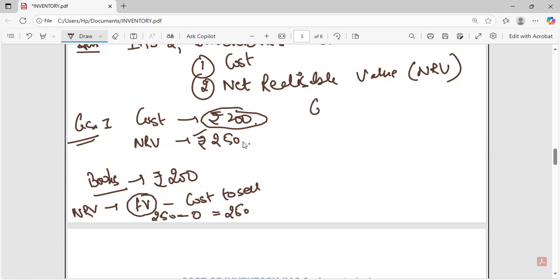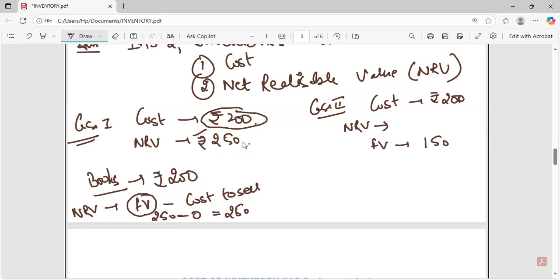Now case 2, let us assume the cost of making the pizza is still rupees 200. But what has happened now is that where she used to store the pizzas, in a fridge, that fridge has broken down. Because of that, the pizzas have become really soggy, stale. So now she can only sell these pizzas for, let us say that the fair value to sell them is 150.